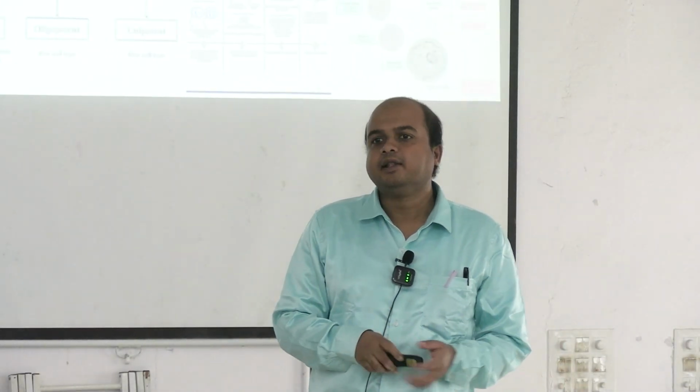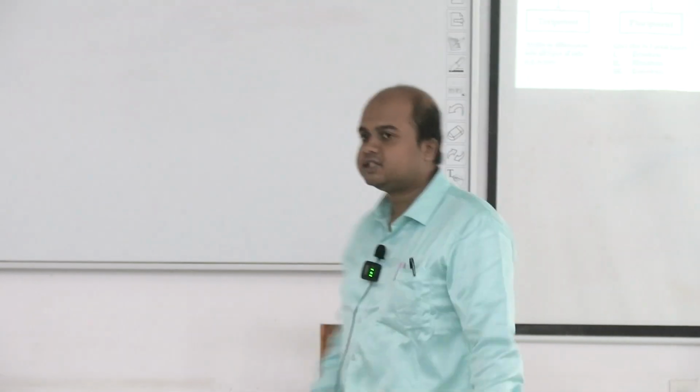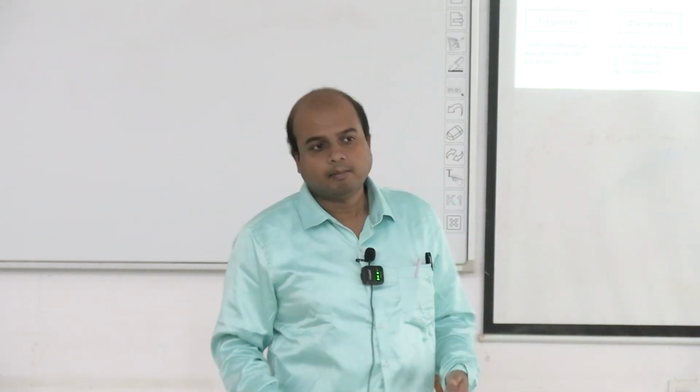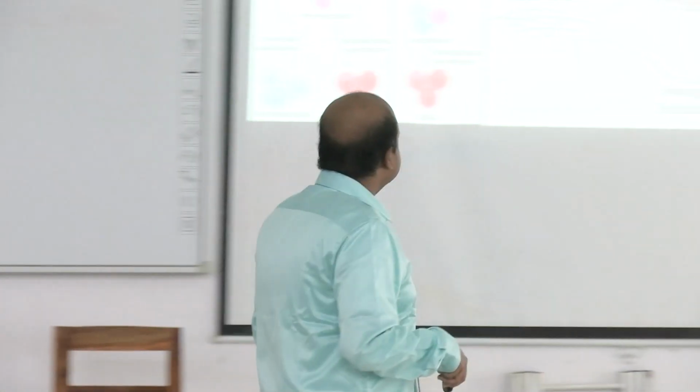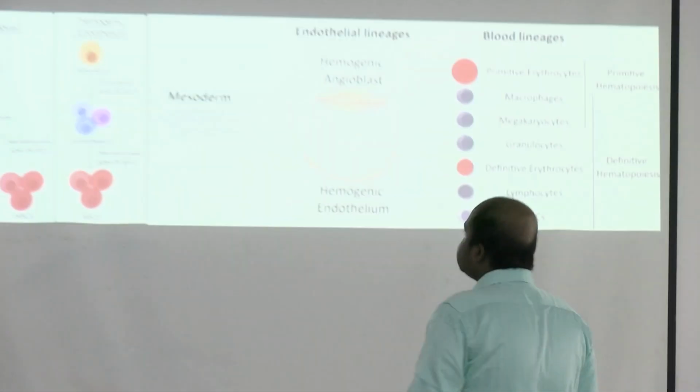Pluripotent is at the level of the division of the germ layers, and finally the multipotent cells, like the multipotent hematopoietic stem cells, will give rise to the blood cells. We will come across another term called the hemangioblast.